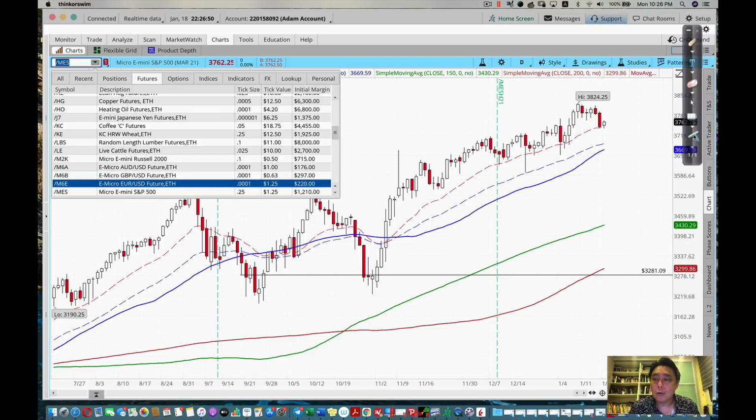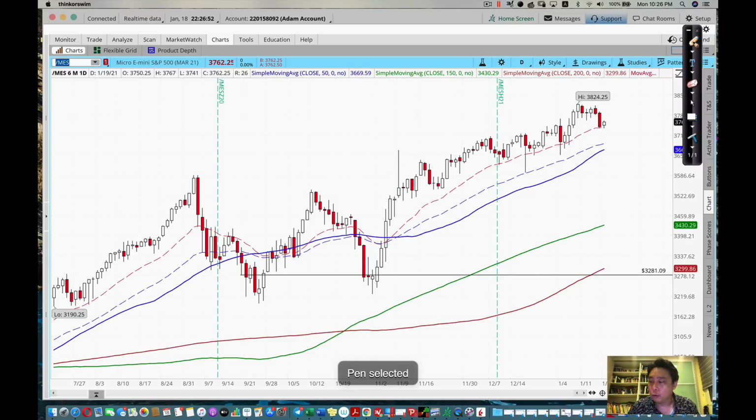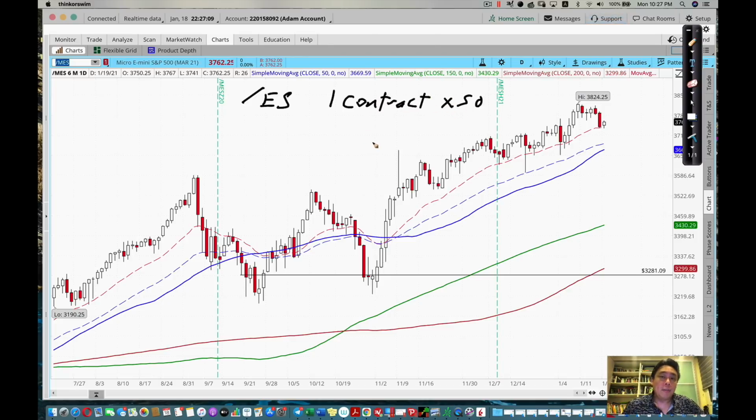Let me just write it down, and I want you to also note it down. By the way, this was actually covered in lesson 1, if you remember, in terms of contract size. So I'm going to repeat that. For the E-mini futures, one contract would be times 50. Remember that if you trade stocks and ETFs, one contract is always 100 shares, times 100 shares.